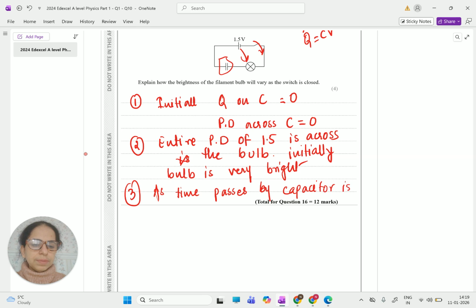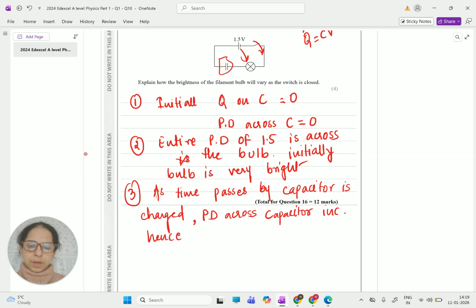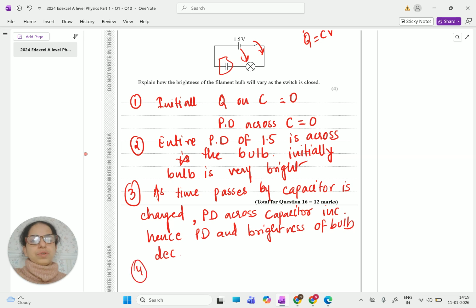The potential difference across the capacitor increases, hence the potential difference and brightness of the bulb decreases.